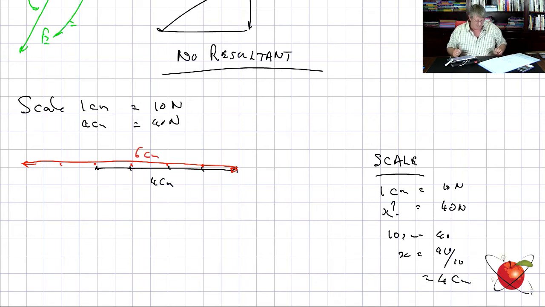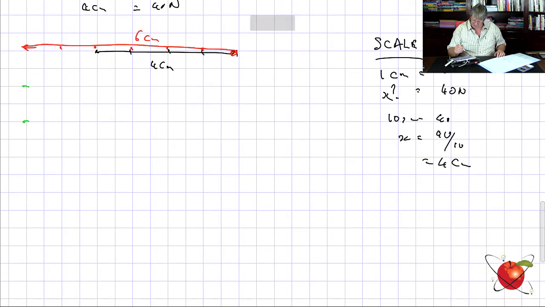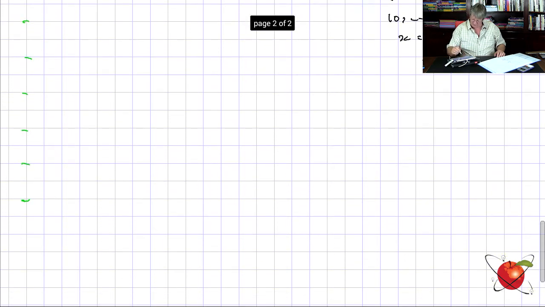Okay. Then they say 100 vertically down. All right. I'm kind of going to be going over my own diagram. So what I'm going to do is I'm going to do the 100 down. Okay. I'm going to have to put in more lines here. 2, 3, 4, 5, 6, 7, 8. I need more. 8, 9, 10.